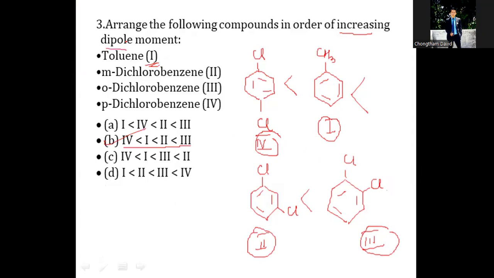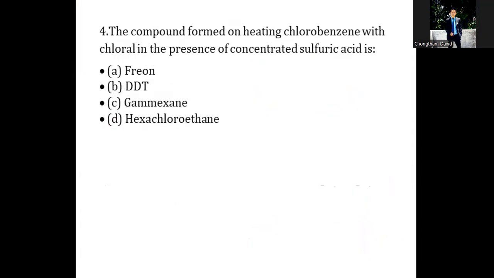Good, let us move on to the next question. Question number 4. The compound formed on heating chlorobenzene with chloral in the presence of concentrated sulfuric acid.